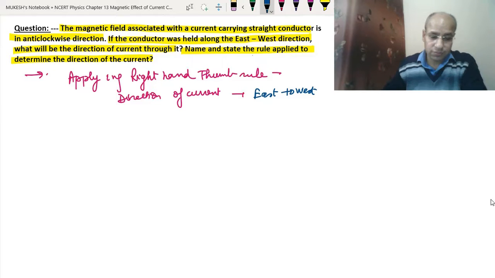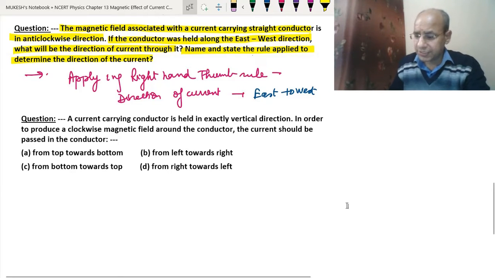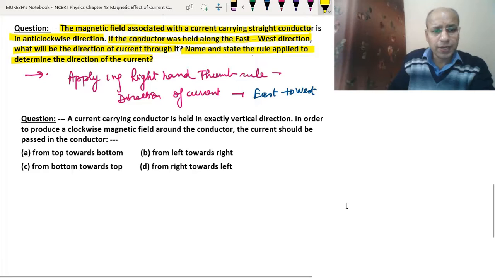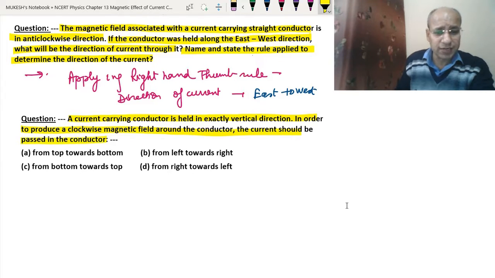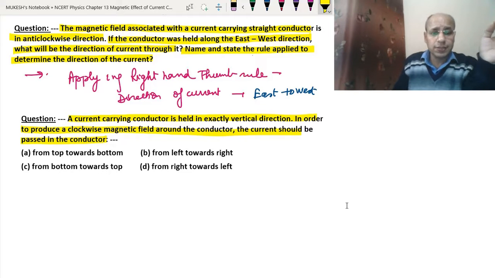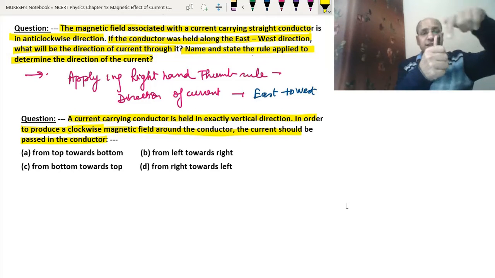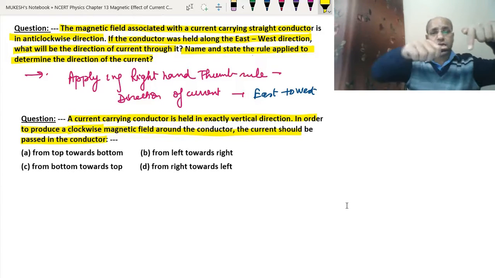Now the next question. This question is from the NCERT book. In this question, a current carrying conductor is held exactly in vertical direction. In order to produce a clockwise magnetic field around the conductor, the current should be passed in the conductor. Here what is given? The clockwise magnetic field. See, if we keep it like this, then it is anti-clockwise, but we need a clockwise field.